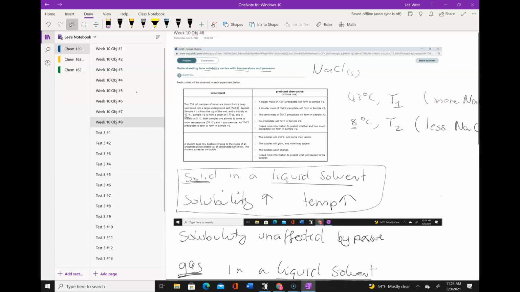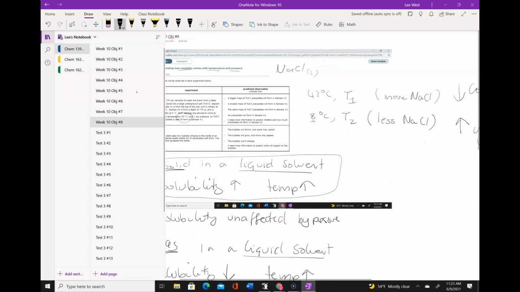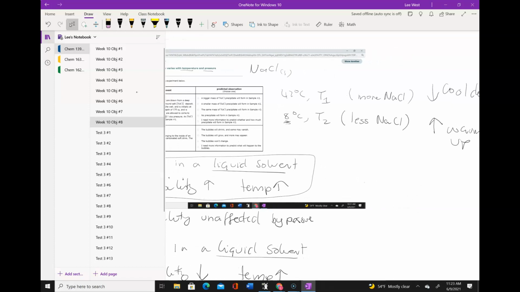All right. So then now it says both samples are allowed to come to room temperature at 20 degrees Celsius. So I'm going to warm this one up, and I'm going to cool this one down. So if I warm a solution up, it's not going to cause any of the dissolved solid to precipitate out, right?